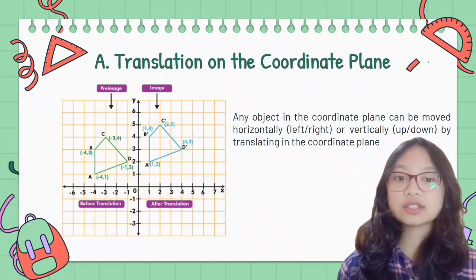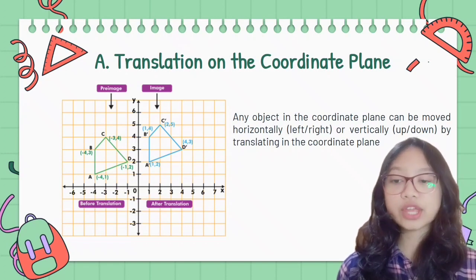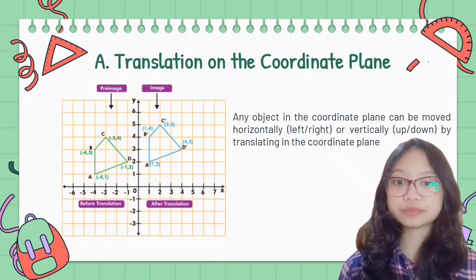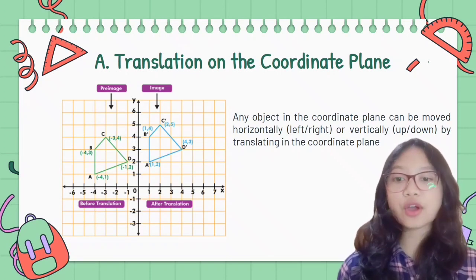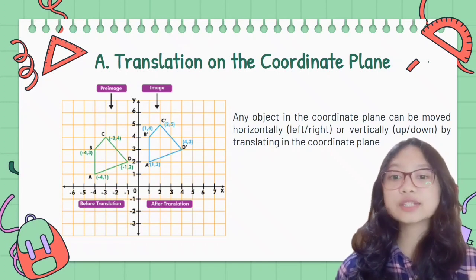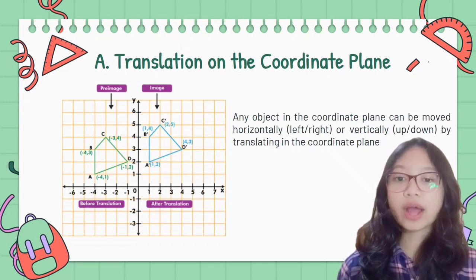The quadrilateral is shifted 5 units horizontally to the right and 1 unit vertically upward during the translation. The resulting translation function for the given figure is (x, y) into (x + 5, y + 1).